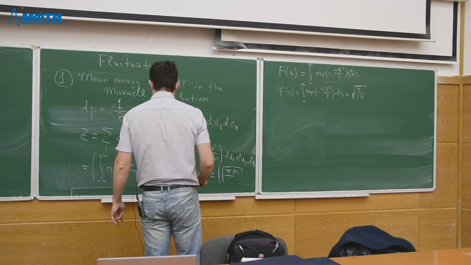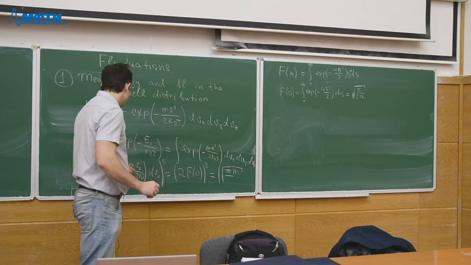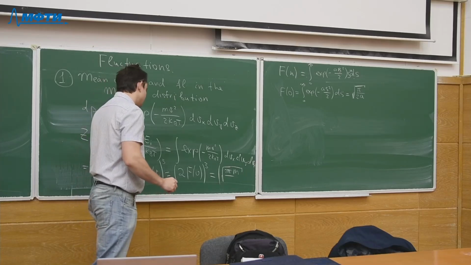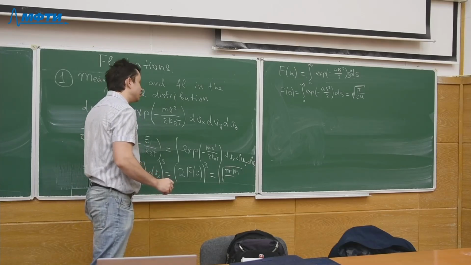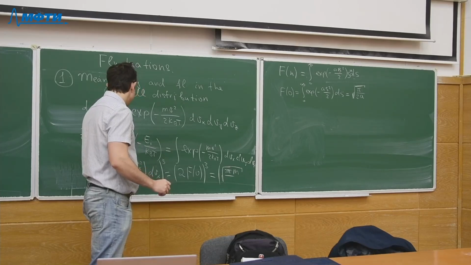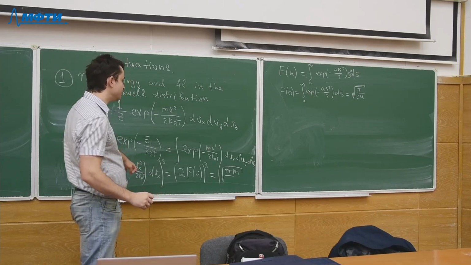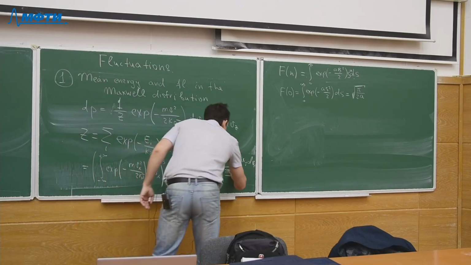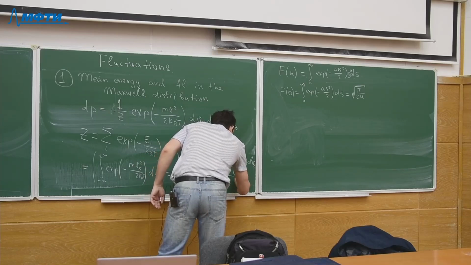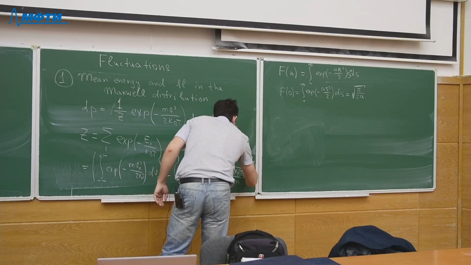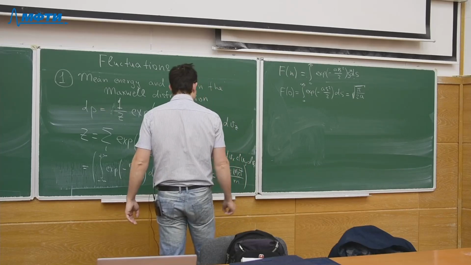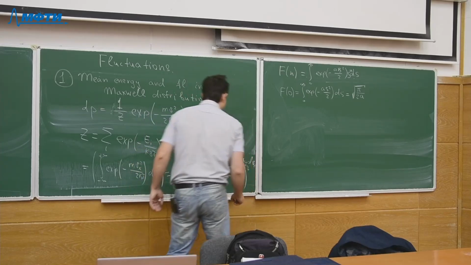So it would be just 1 over a, which is kBT over m. So a is m over 2kBT. That would give us something like this, and again cubed.